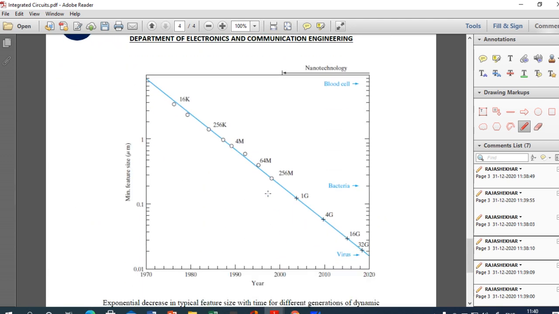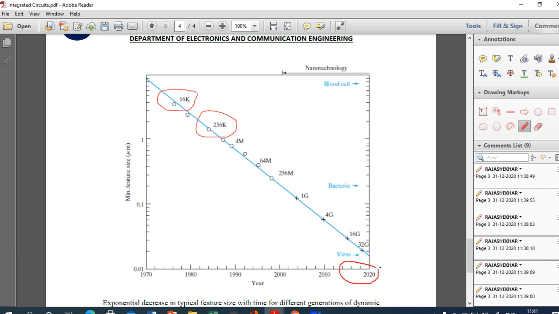Similarly, this is the improvement in memories, also starting in 1970. The scale along the x-axis gives the year, and the scale along the y-axis gives the size of the memory. Initially, from 1970 to 1980, 16 kilobytes of memory was designed. Then from 1980 to 90, 256 kilobytes. Later it increased from 256 kilobytes to 4 megabytes, 64, 1 GB, 4 GB, 32 GB.